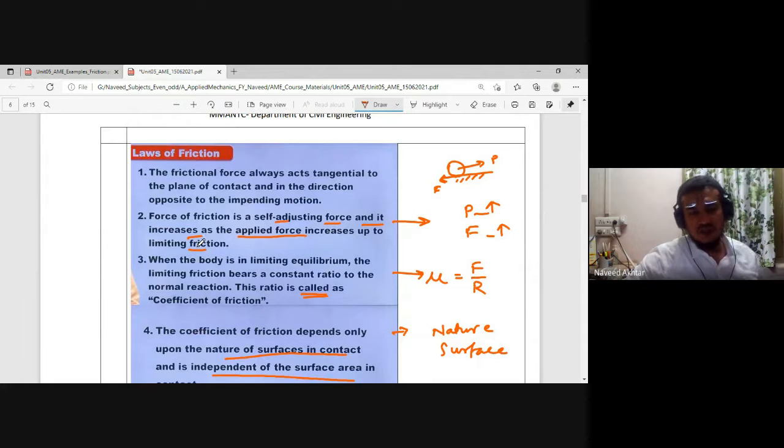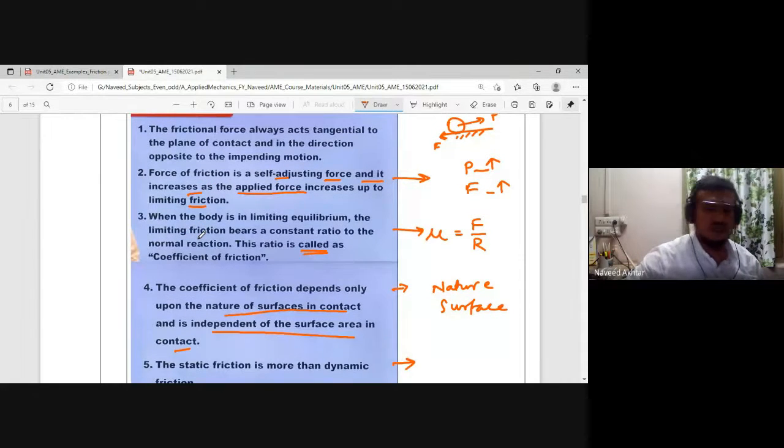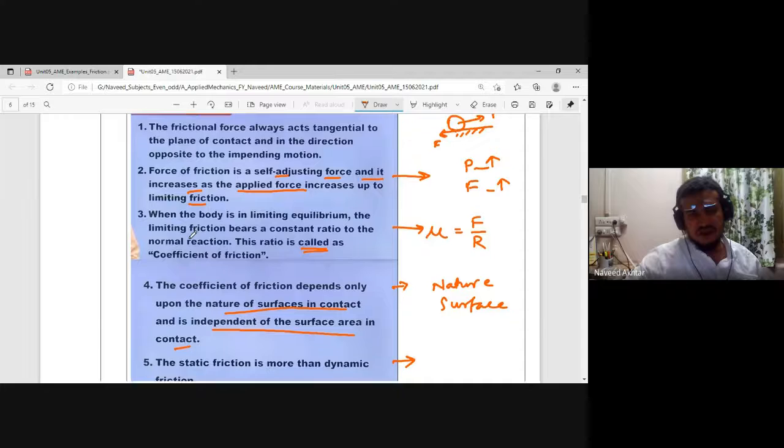Then we have seen the laws of friction. The friction force always acts tangential to the plane of contact in the direction opposite to the impending motion. So always the friction force is opposite to the motion, and it is acting tangential to the contact surfaces. Force of friction is a self-adjusting force, and it increases as the applied force increases up to limiting friction.